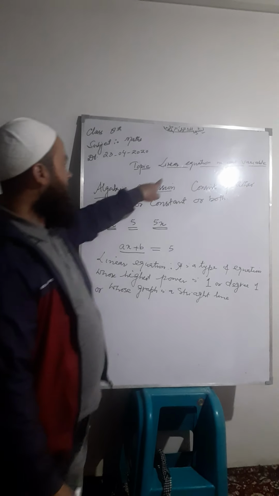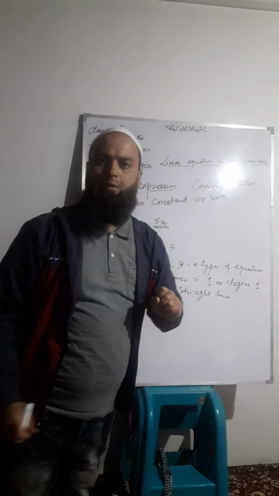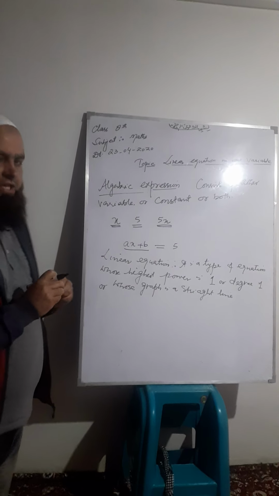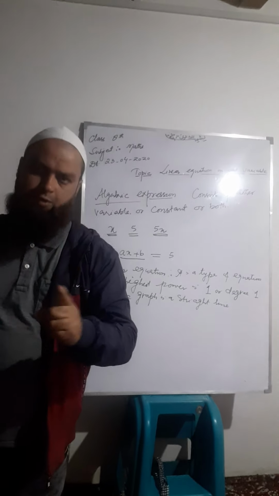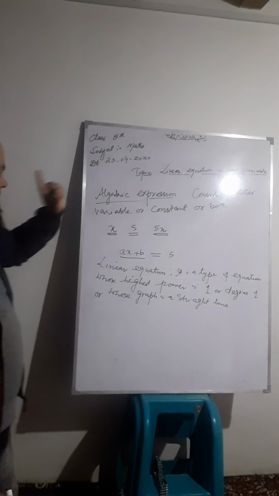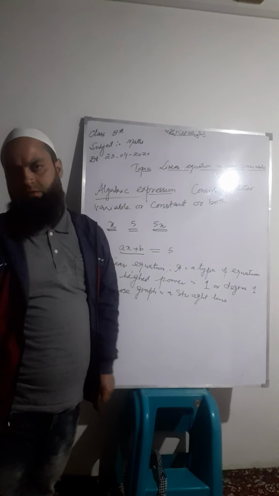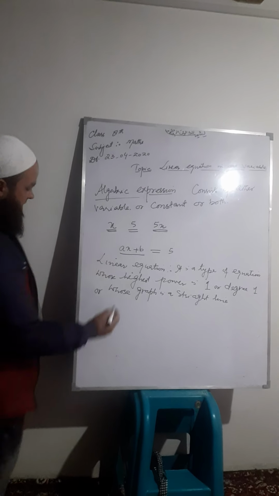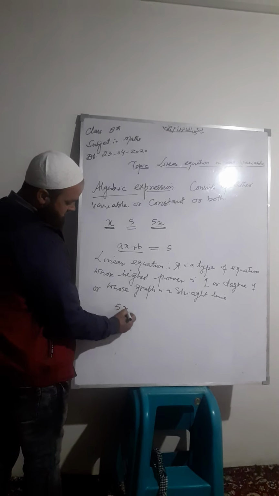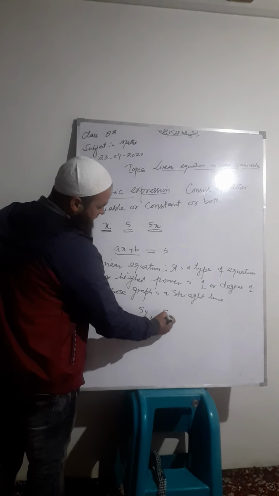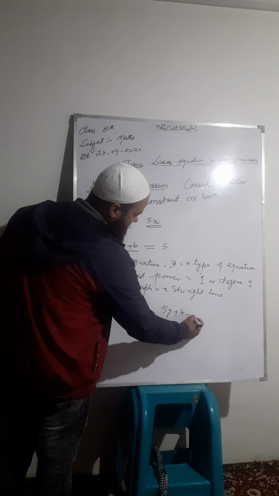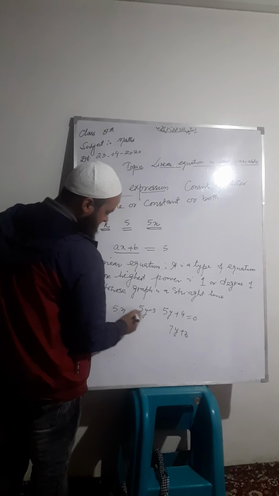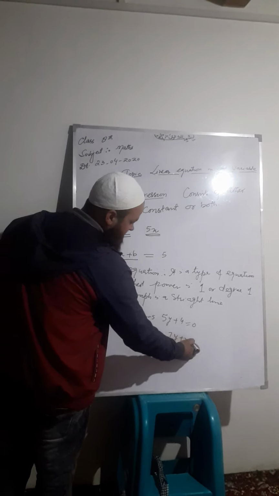But our topic is linear equation in one variable. So the linear equation in which only one variable is used is called a linear equation in one variable. These are all examples, like 5x, 5y, 5y plus 4, 7y plus 3, 5 equal to 3, equal to 7.